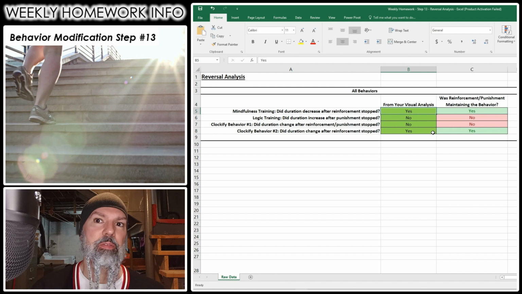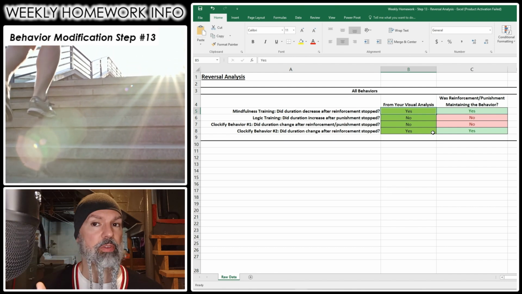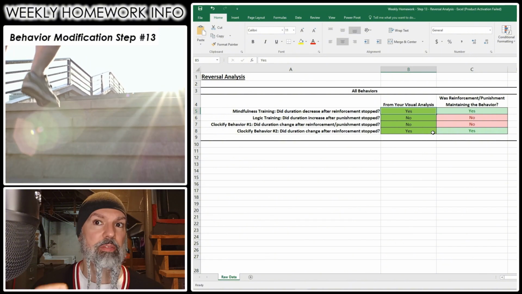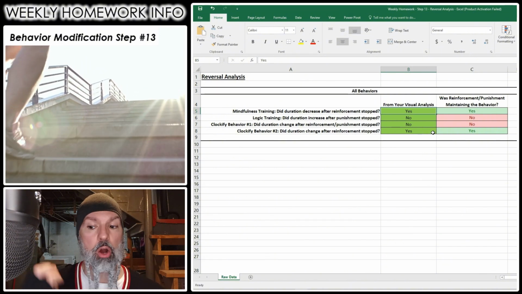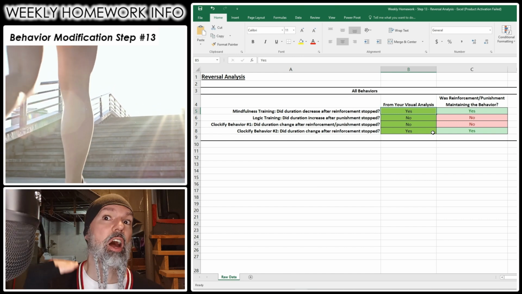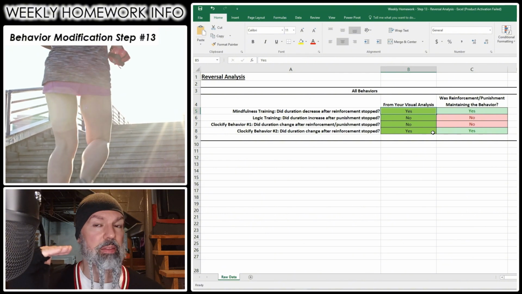However, if you do want to maintain certain behaviors, and you realize through this reversal analysis that it was only the reinforcement from earning homework points that was maintaining those behaviors, well, now's your time to start planning other reinforcement procedures to increase or to maintain that behavior.